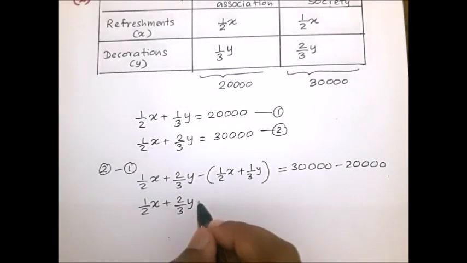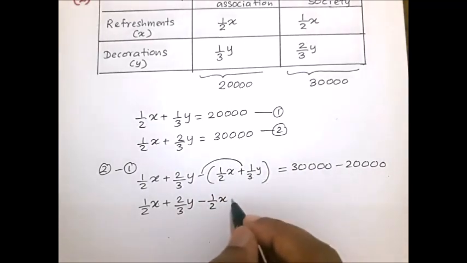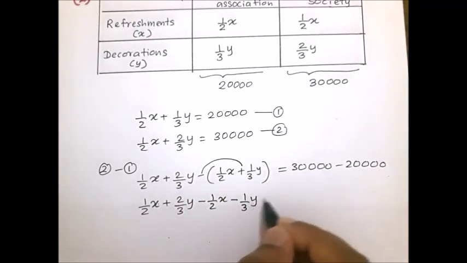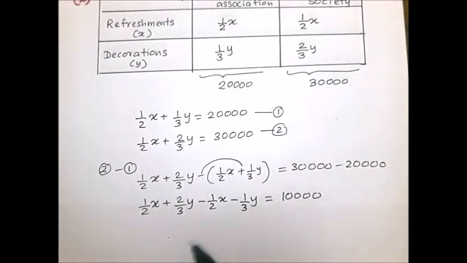Then remove brackets. Half X, here minus multiplied by plus, it is minus 1/3 Y. Right hand side 10,000. You can cancel plus half X and minus half X. Here 2/3 minus 1/3. It is 1/3.